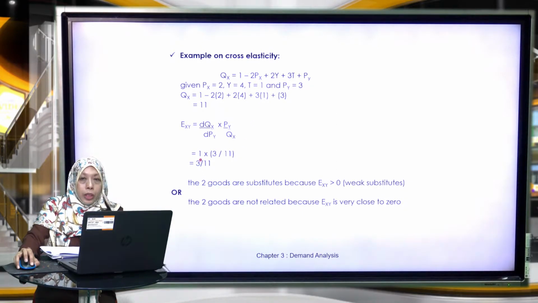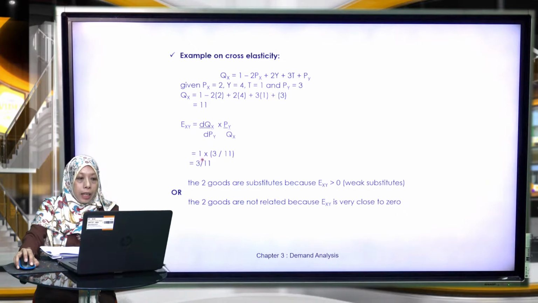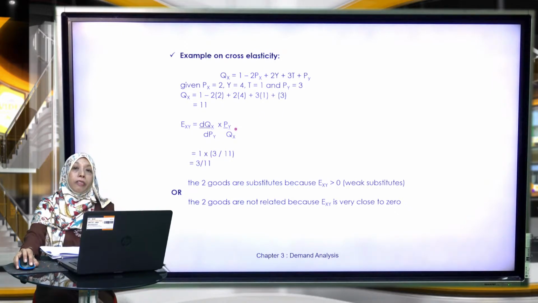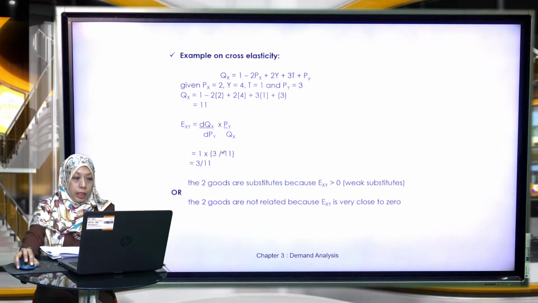This will give you a coefficient of 1. Then you have to multiply it by the value of PY, which is 3, and divide it by the value of QX, which is 11. When you plug this into the calculator, you're going to get a value of 3 over 11.